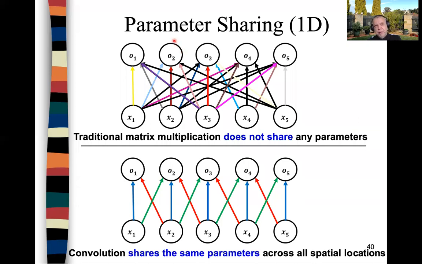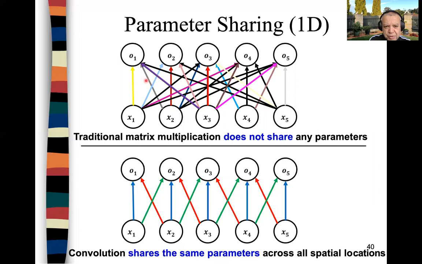The second property which makes the convolutional networks attractive is this parameter sharing. So for example, for a fully connected layer, you have a traditional matrix multiplication and you do not share any parameters. For example, this node here would have these parameters, okay?